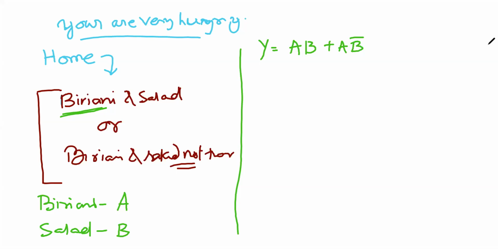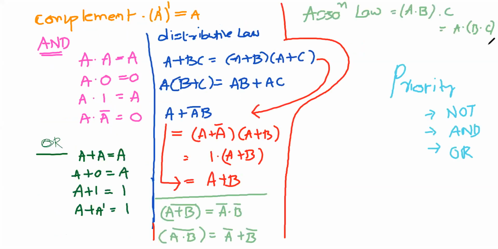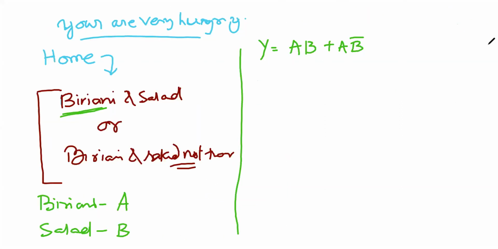So AB plus AB bar. First, what do we have to take care of? Priority. Not. Not means complement. Here only B has a complement.